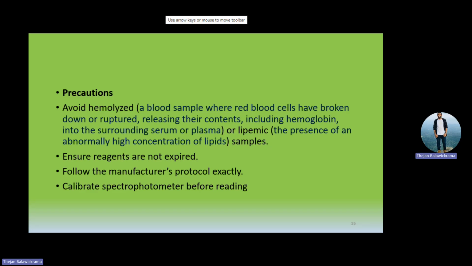When the red blood cells are broken down, the hemoglobin part will be there in the solution. Right? Then there will be a high content of iron in our solution. Why? We have broken red blood cells. Right. Then such a blood sample is called a hemolyzed sample. That is there.